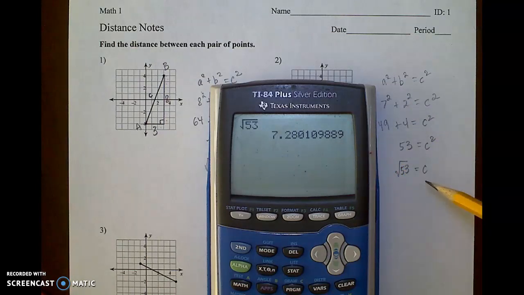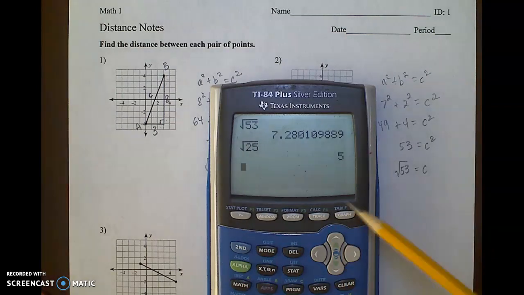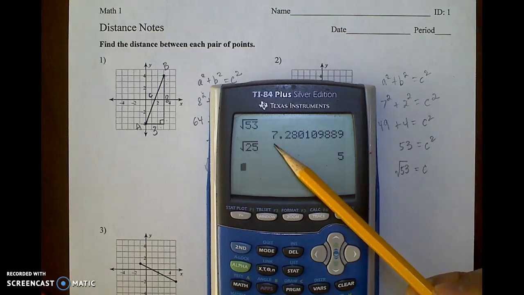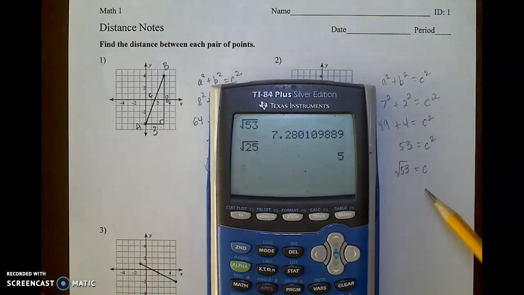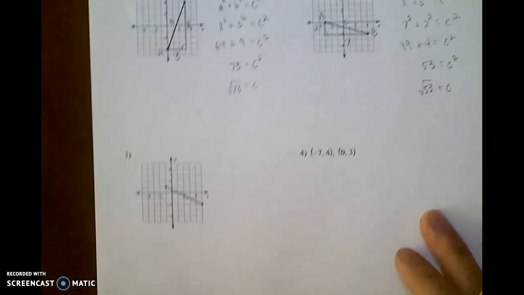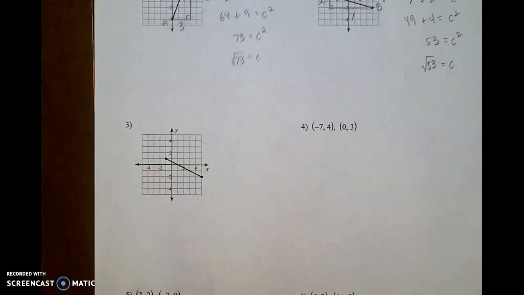If it is a perfect square, for example the square root of 25, which is 5, we want to simplify that. But if it doesn't simplify to a nice perfect number, leave it as a square root. I'm going to give you some time here to work on number 3.